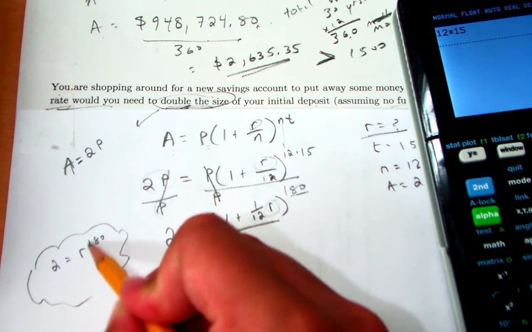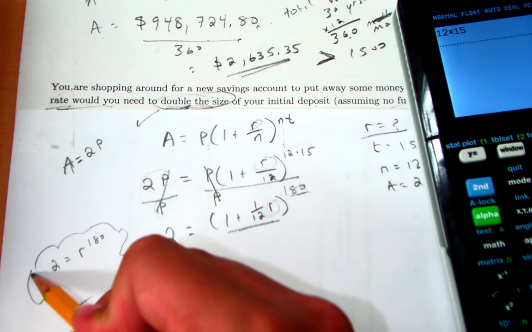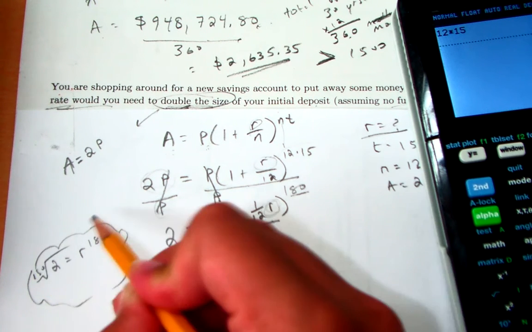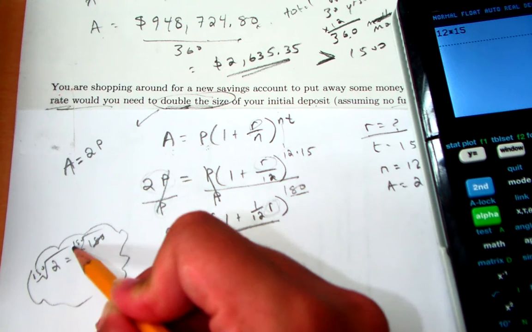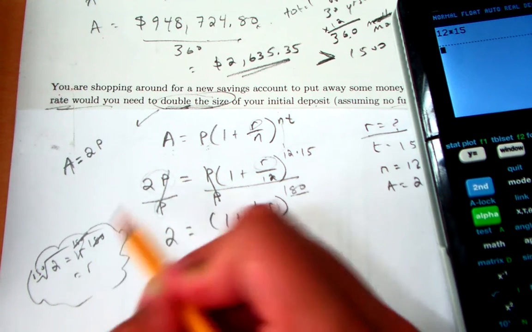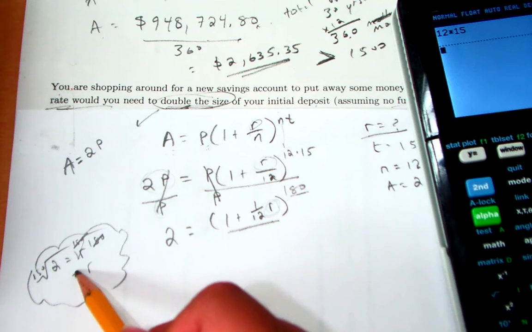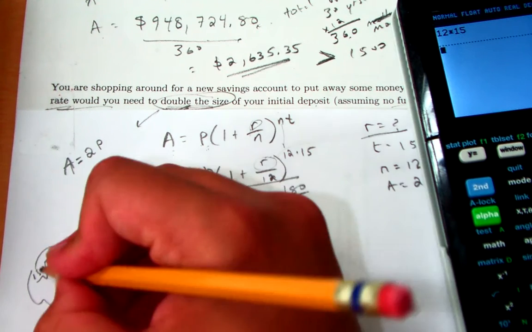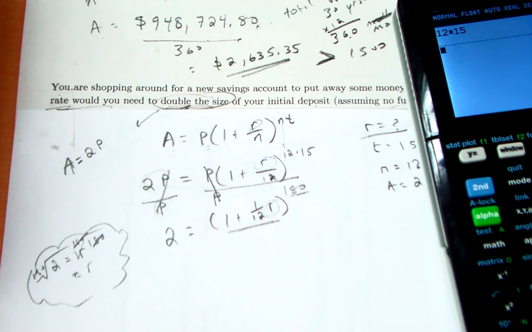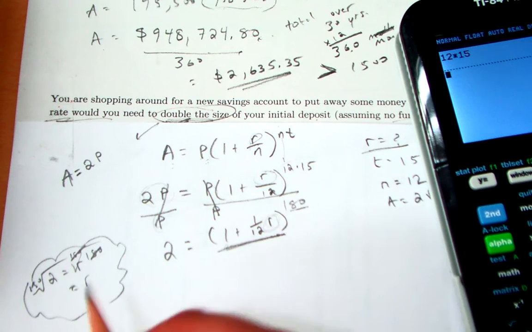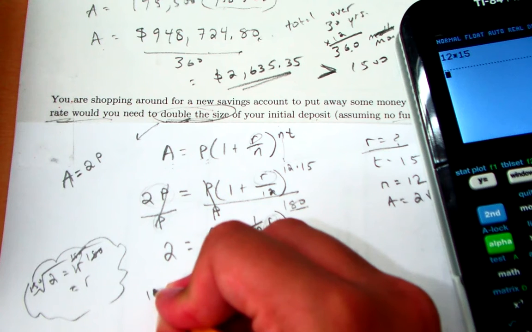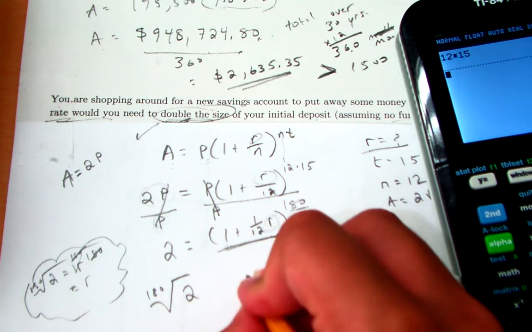To get rid of this 180, all I got to do is take the 180th root of both sides, because that's what a root will do. It'll cancel out the exponentiation. And that will give me whatever the thing being raised to a power, or the base was, right? So this same basic idea is going to allow us to work here. Since I have this stuff here, raised to the 180th power, all I got to do is to take the 180th power of both sides.